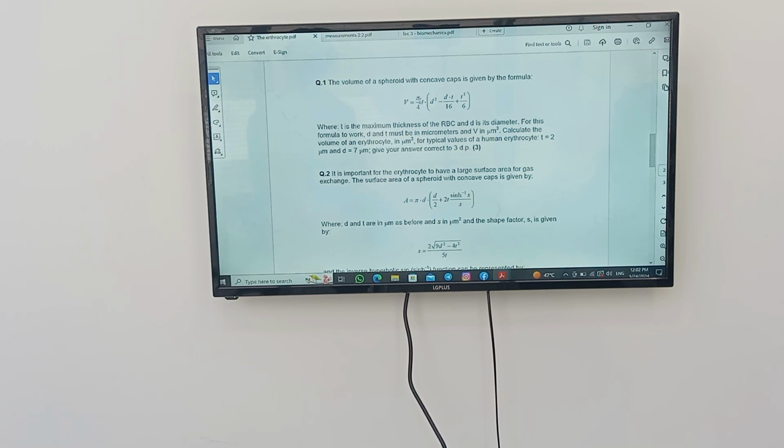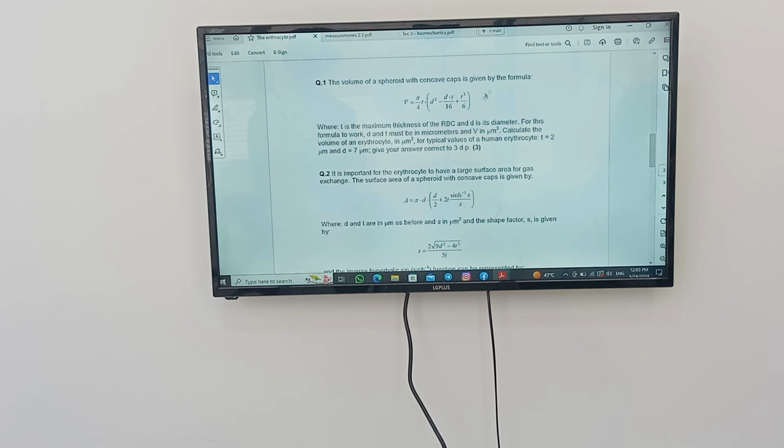This value is multiplied by d squared, which is the diameter, minus d times t over 16 plus t squared over 6. We take the value of this part, and the value of this part, and then we multiply the two to get the volume result.